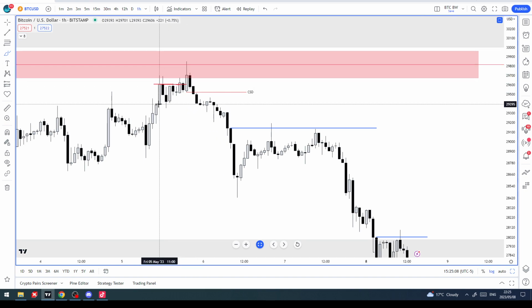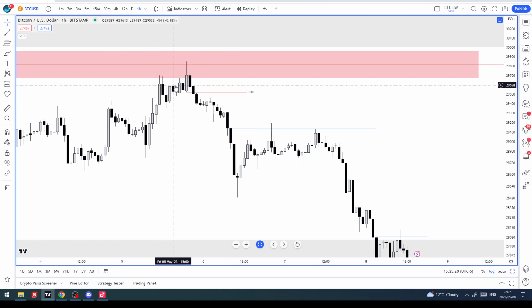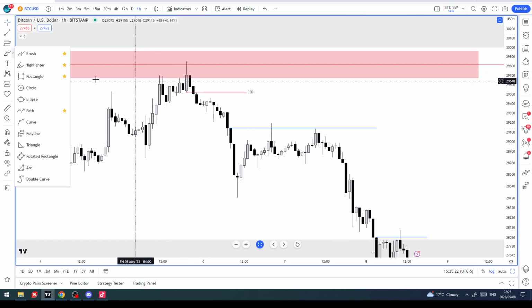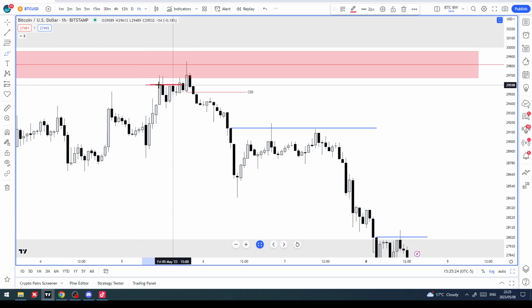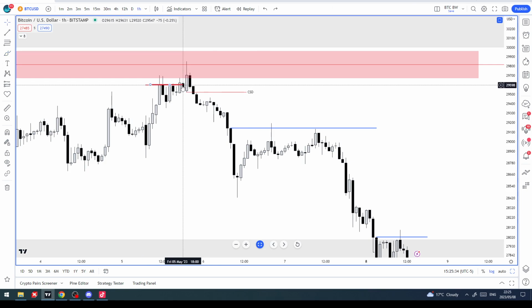The opening price of that candle is here. This is where I'm looking for market structure shift in the absence of a fair value gap. When I have a fair value gap, I'm not interested in that. When I don't, I'm looking for the highest closing up candle before the run on liquidity. Did we trade through it and close below it? Yes, we did. That's market structure shift.